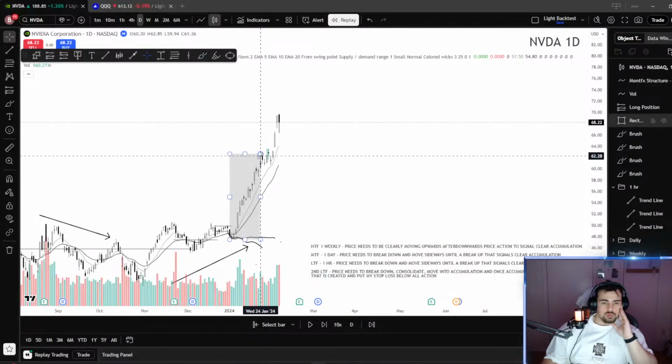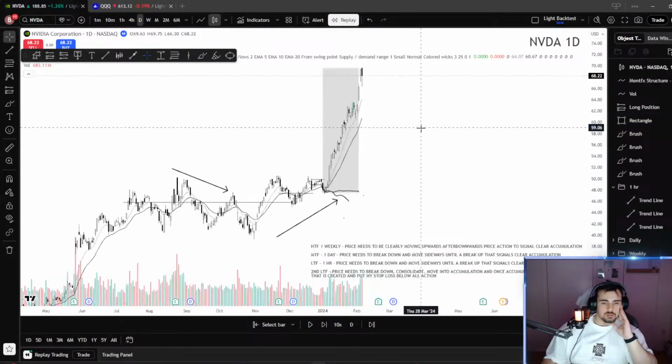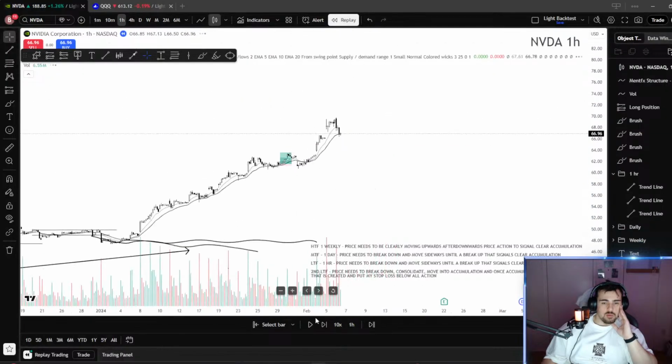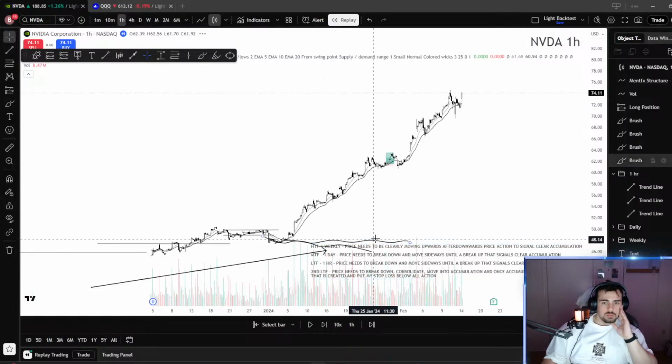The daily's pretty extended too. So yeah, I probably just wouldn't touch this market. I'd probably wait until it just fails.